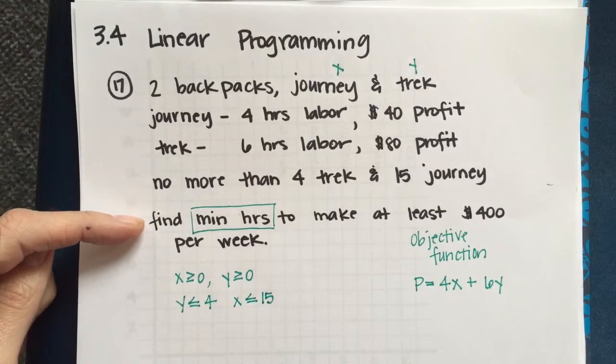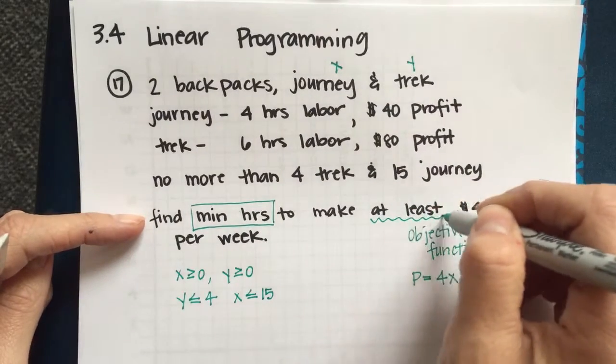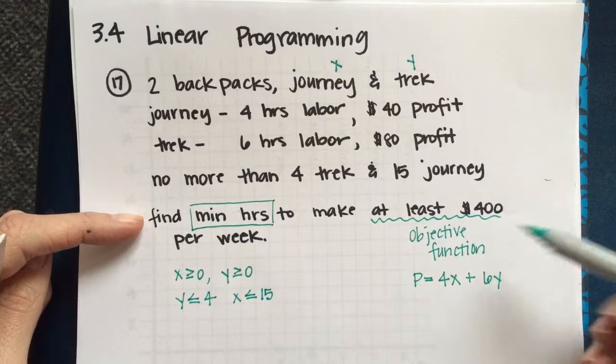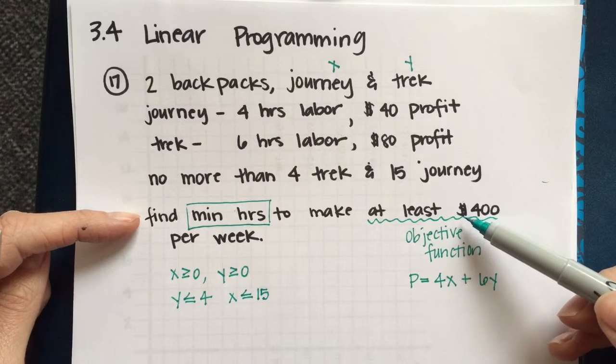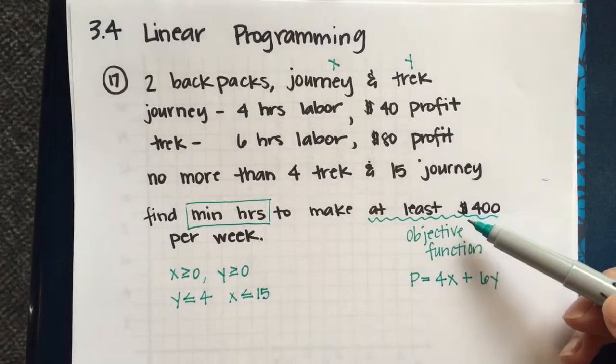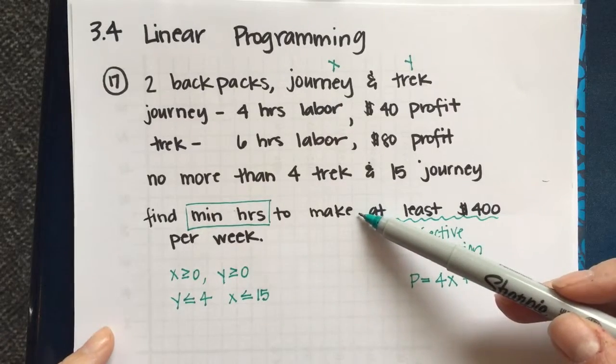They phrased this one a little differently. They said find the minimum number of hours, so we already used that, to make at least $400 per week. So this is a restriction. If it's something that you're limited by or you have to have an at least, that is one of your constraints. The stuff that has to do with money, with our profit, that's a profit.